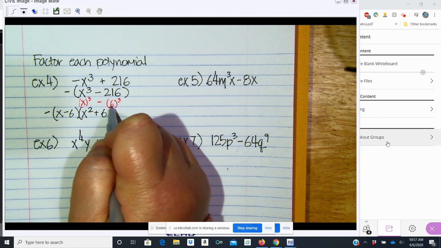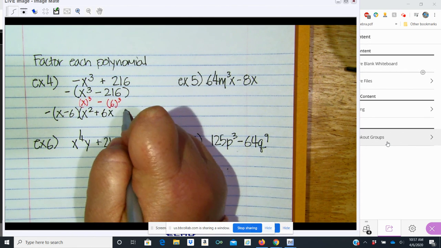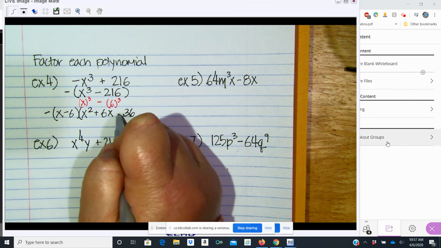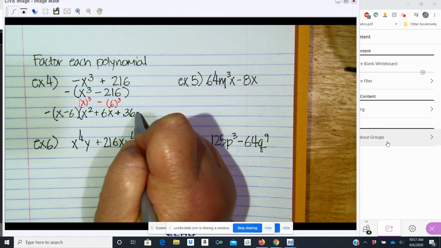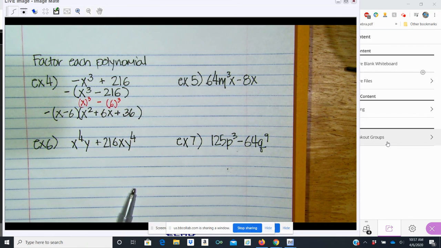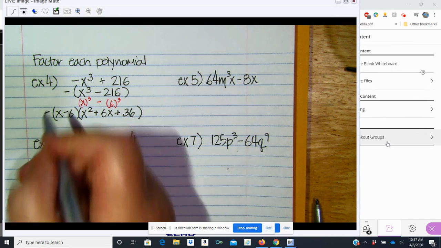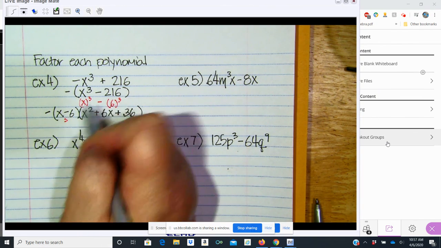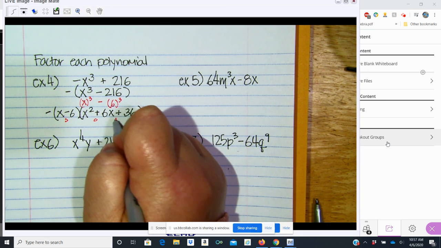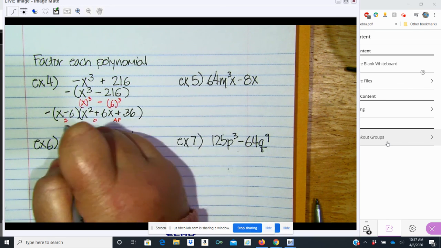And then the last one squared. 6 squared is 36. And the last sign is always positive. The signs, again, are going to be same, opposite, always positive. Spells out SOAP.